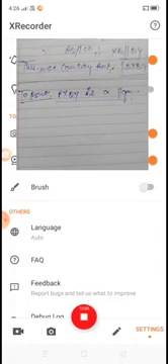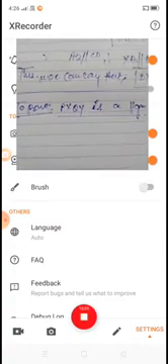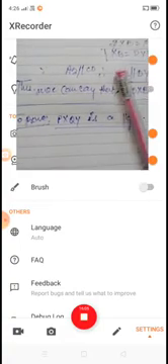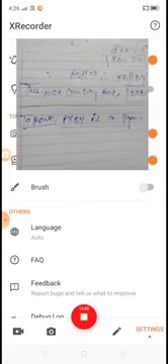In the third point we have to show that PXQY is a parallelogram. Okay, let's see.